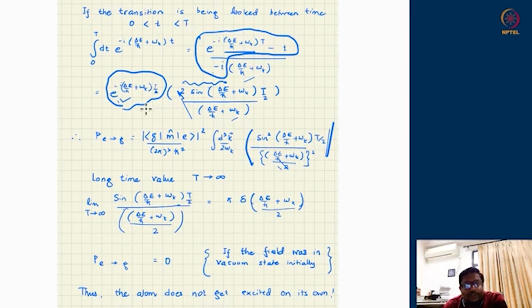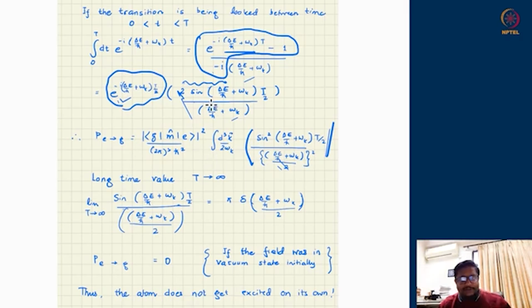Now suppose we take a time scale which is much larger than any of the time scales of the atom. The time scale of the atom is delta E upon h bar. Delta E is a typical energy gap in the atom, divided by h bar will be the typical photon frequency which would be needed. But suppose I am looking at time scales which are much larger than 1 over this frequency. That means I'm waiting too long compared to the internal time scales.